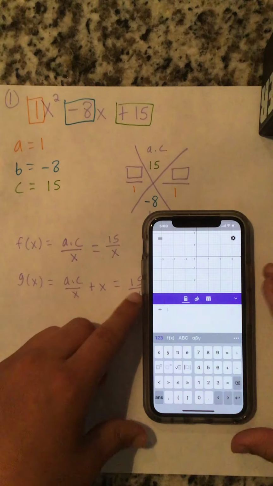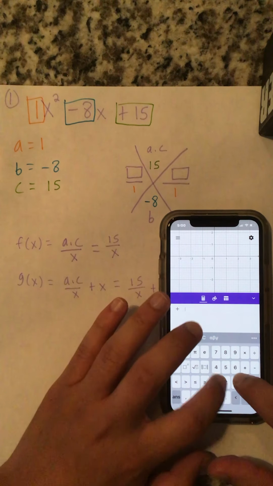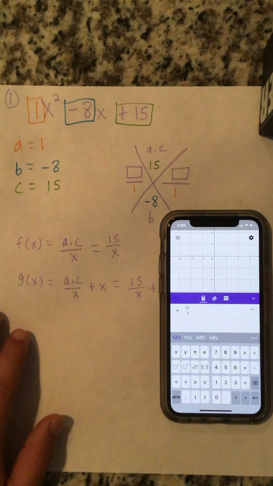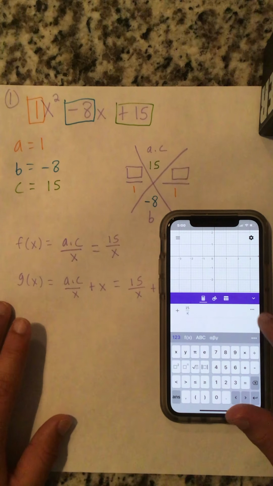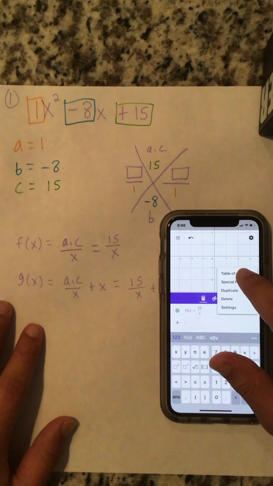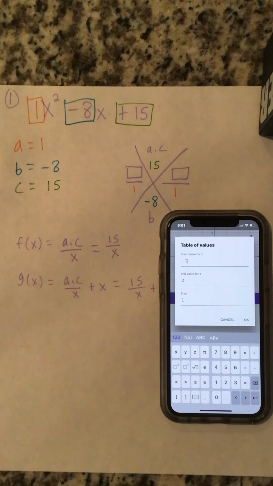So on the first line, you're going to type the first equation: 15 over x, just like that. Then click these 3 dots, and click table of values. It's going to ask you how big you want the table.